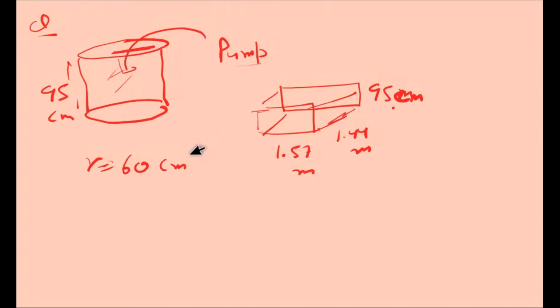Find the height of the water left in the sump after the overhead tank has been completely filled with water from the sump, which had been full. Compare the capacity of the tank with the capacity of the sump.